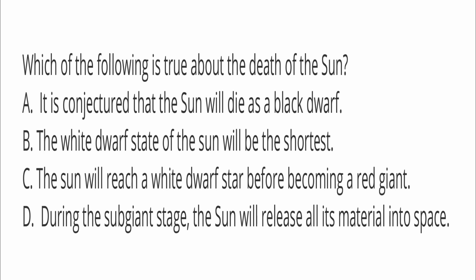A. It is conjectured that the sun will die as a black dwarf. B. The white dwarf state of the sun will be the shortest. C. The sun will reach a white dwarf star before becoming a red giant. D. During the subgiant stage, the sun will release all its material into space.